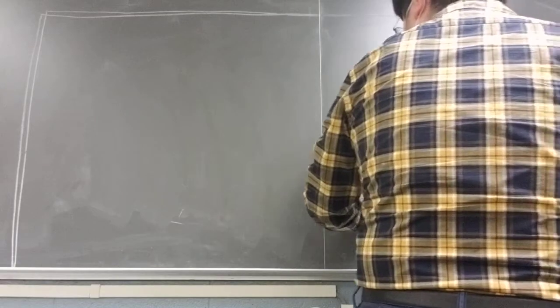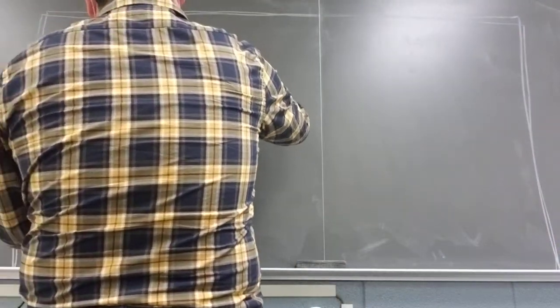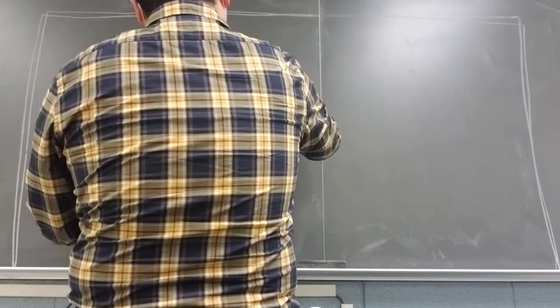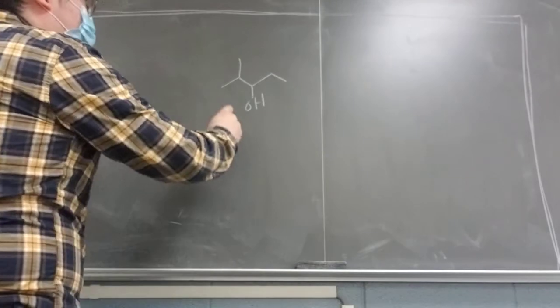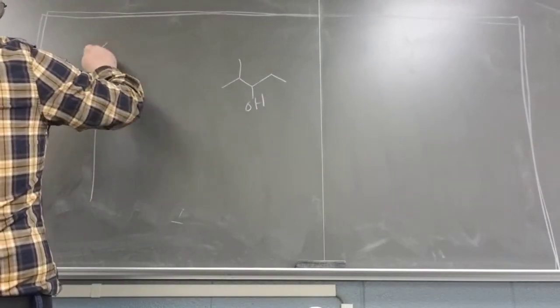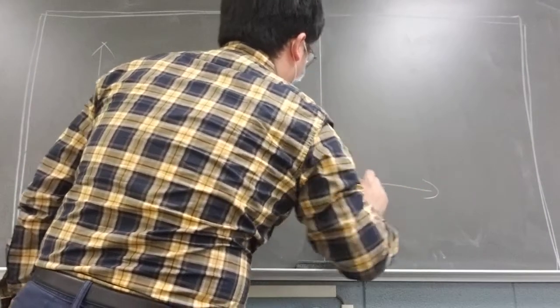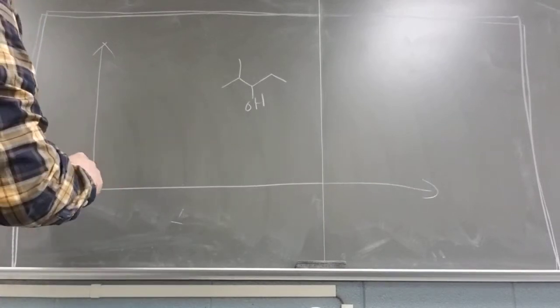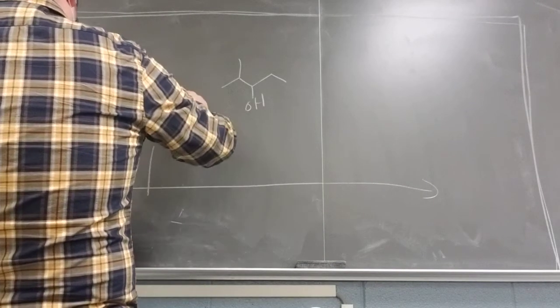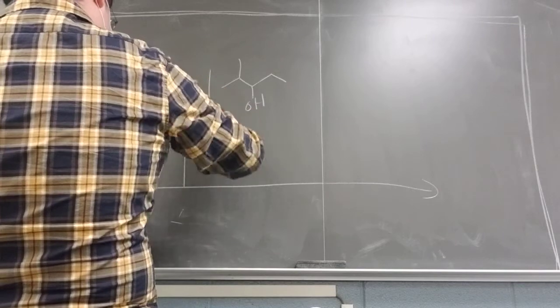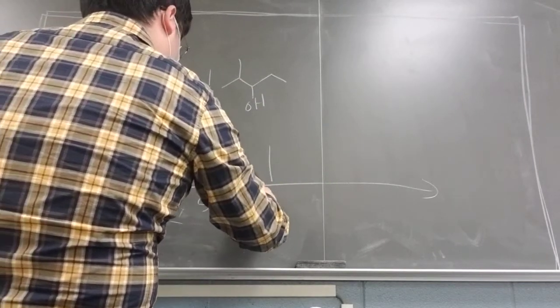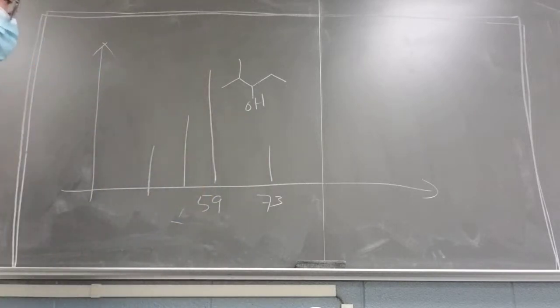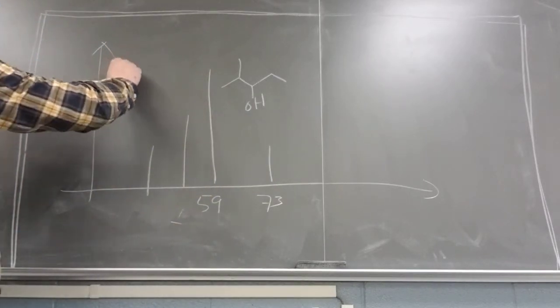If we have some alcohol that looks like this, a 2-methyl 3-pentanol, you'll find a graph that looks like this. And this is the mass spec.